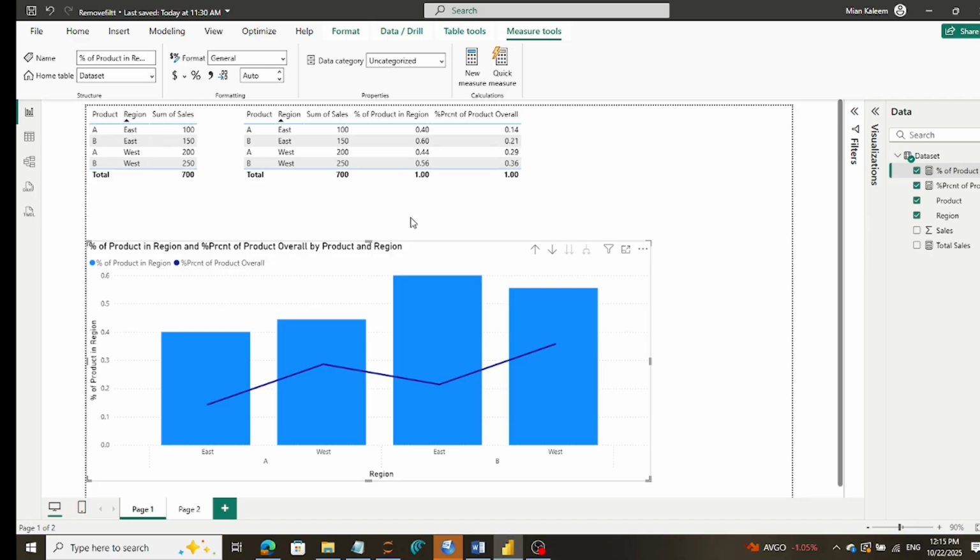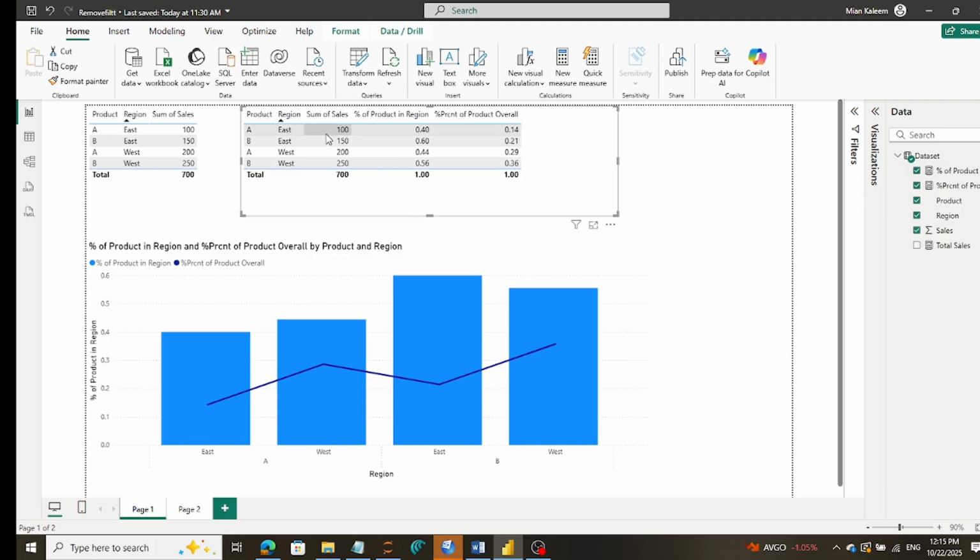Then we have a table where we created the measure which gave us A's sales in the East region and B's sales in the East region. That comes to 40 and 60%. For example, 100 divided by 250, since the total sale of the East region is 250, so we have 40%, and then 60%, 0.6. And the same with A and B in the West region.